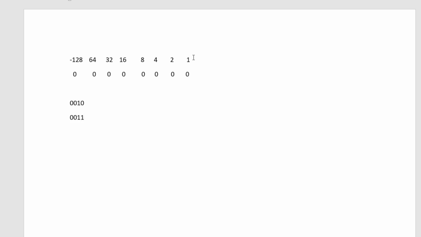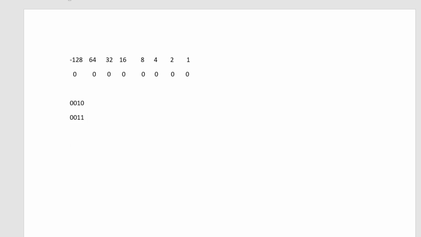Because these are indicators of 2, and these are the 2s, the 3 is not actually on. You can't just say, oh, I want 3, so where is 3 on this number chart? It's not on the number chart, because that is not how you do it. You have to do some addition and find out, okay, 2 plus 1 equals 3. I want 3, so therefore it is 0011.